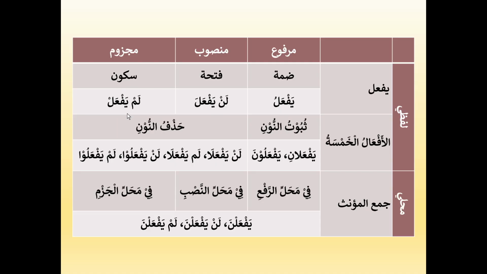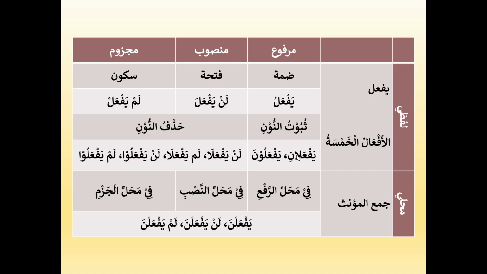Lam yaf'al. But for the category of af'alu khamsa, the five fi'ils, you're looking at either the presence of nun, subutu nun, or the absence of nun, hazfu nun. So here we have yaf'alani, yaf'aluna with the nuns.